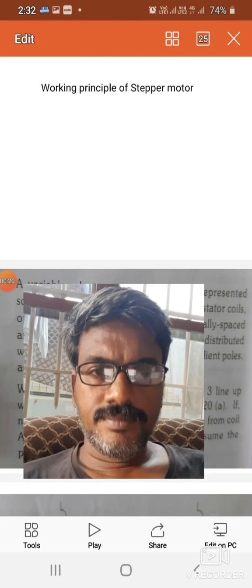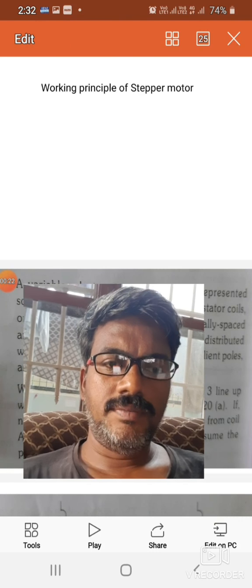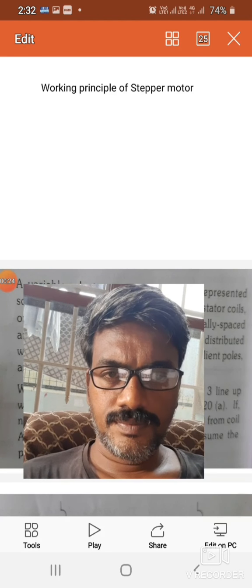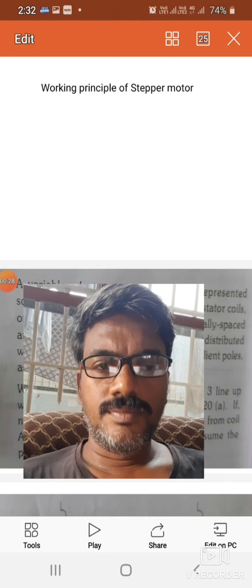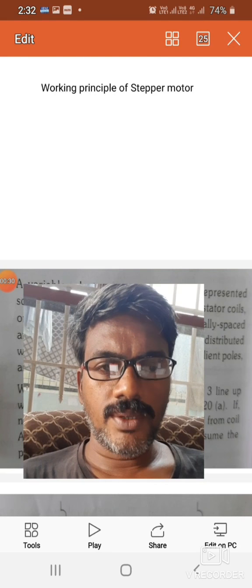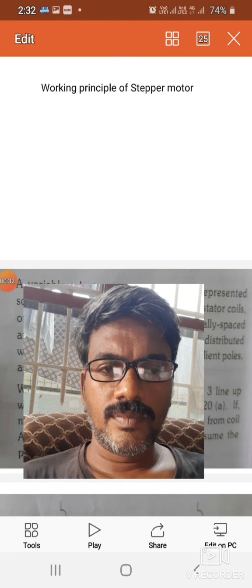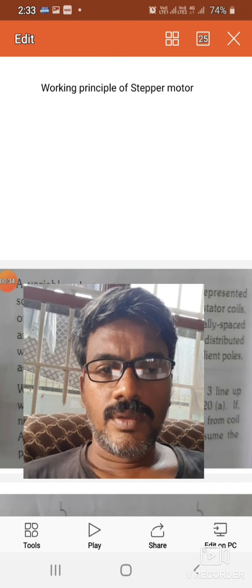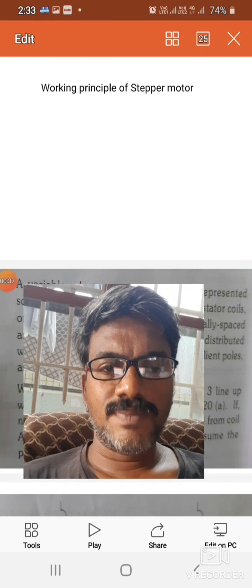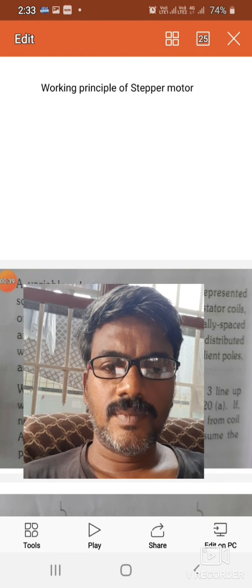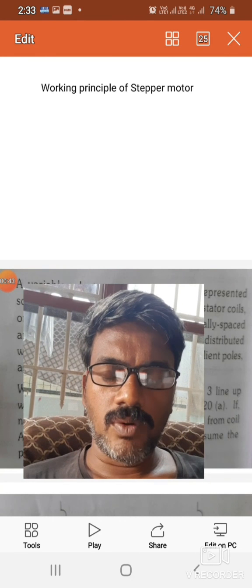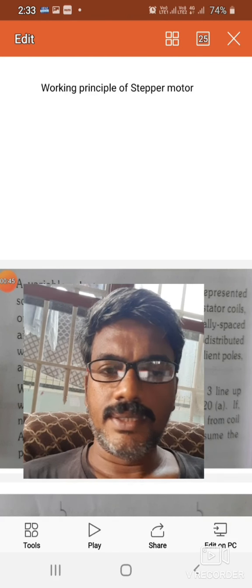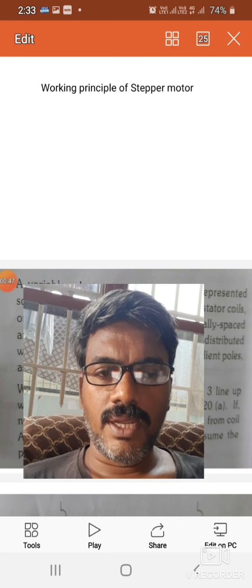I am teaching the 5th semester subject AC Motors, subject code 18EE 502C. Main topic: special motors. Subtopic: working principle of stepper motor and related terms and applications.